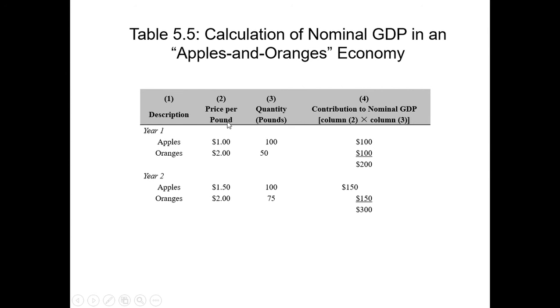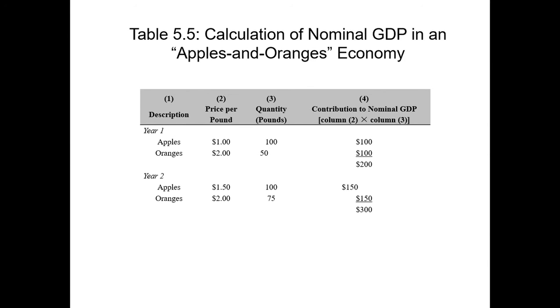So in year one, current year prices, whatever that was, in year two, current year prices, whatever that was, those prices are being taken into account to calculate GDP. And if I now ask you the growth rate of this GDP, the growth rate in current year prices would be 300 minus 200 divided by 200 into 100, and that is how much it has grown from year one to year two.